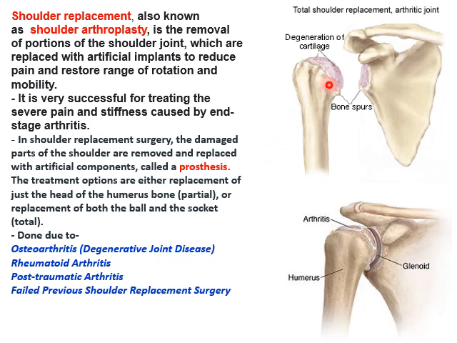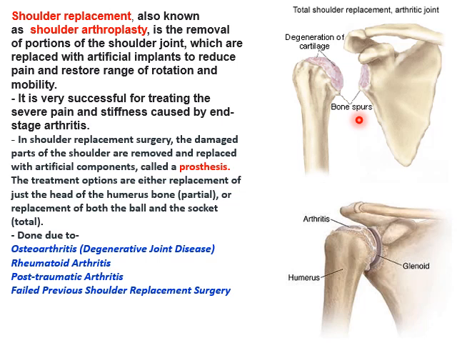The replacement of the articular surfaces is called arthroplasty. These can be replaced by artificial implants to restore the range of mobility at the shoulder joint, successfully treating the severe pain and stiffness that the patient has all the time.